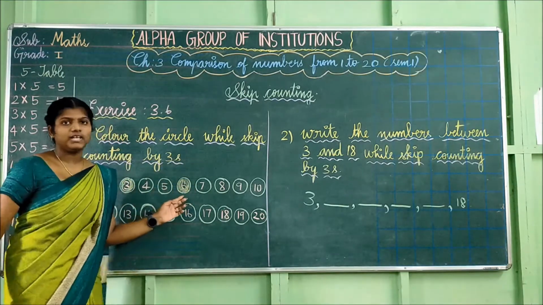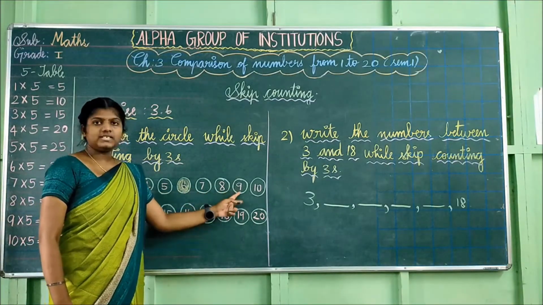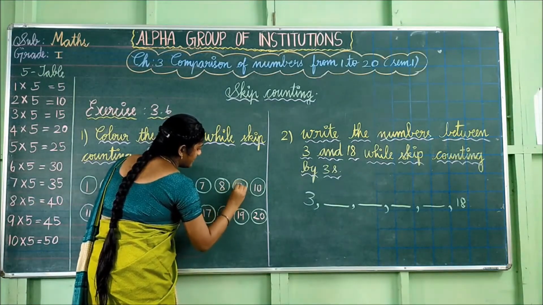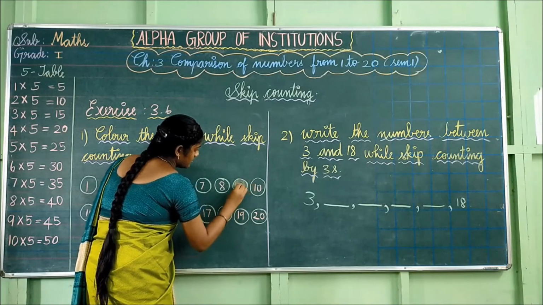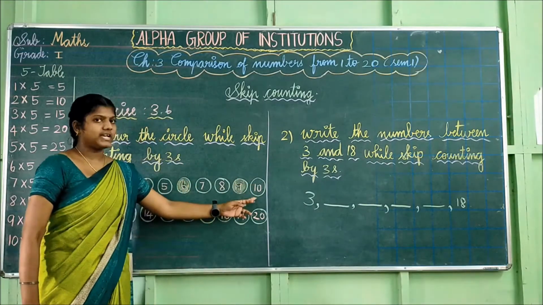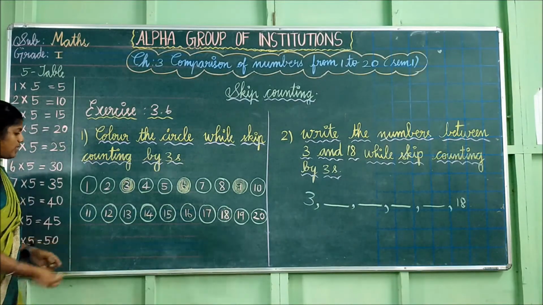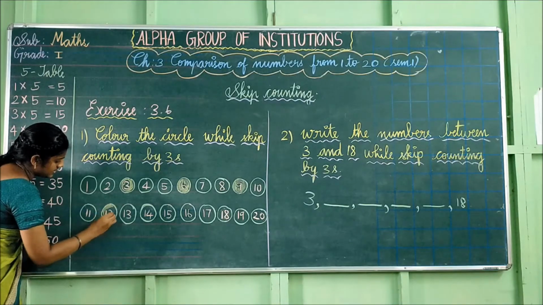See here we have colored this one. Next again 1, 2, 3. This is third one. So I am going to color this circle. So see here next again 1, 2, 3. This is third one. So we are going to color this circle.